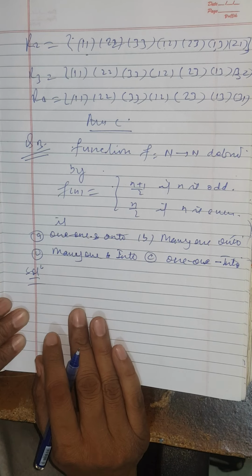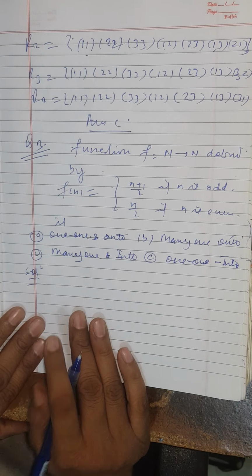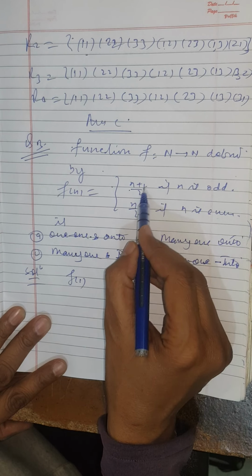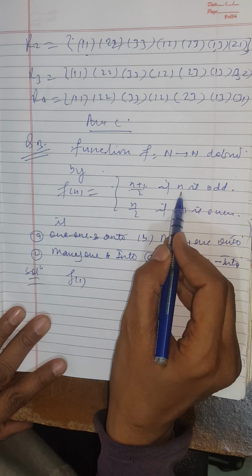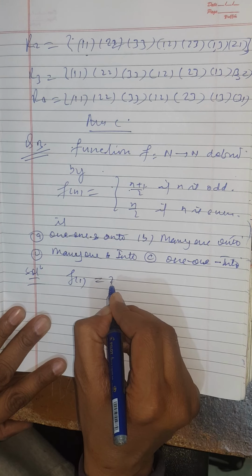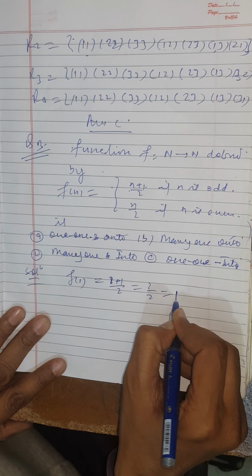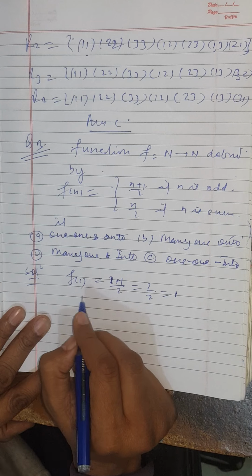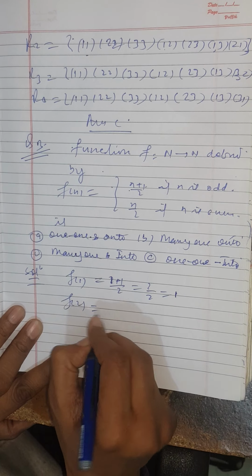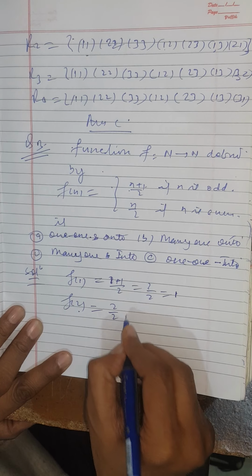Solution: if we take n equal to 1, so 1 is an odd number. f(1) using this definition is (1+1)/2, since n is odd, so that will be 2/2, which is equal to 1. When the domain element is n equal to 1, then the image is 1. Again f(2), 2 is an even number, so using the definition 2/2, again we get 1.